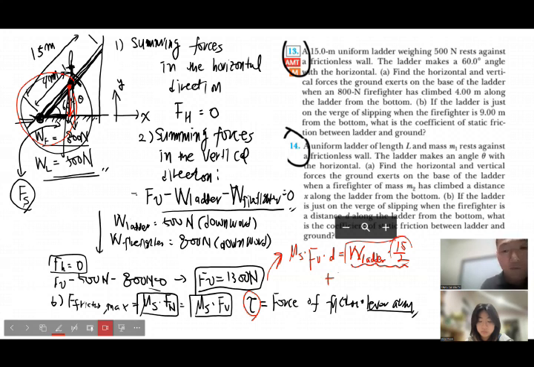At the same time, the firefighter's weight times 15 minus 4, because the firefighter is 4 meters above this rotational center. So from this point to here is 15 minus 4, so 11 meter.